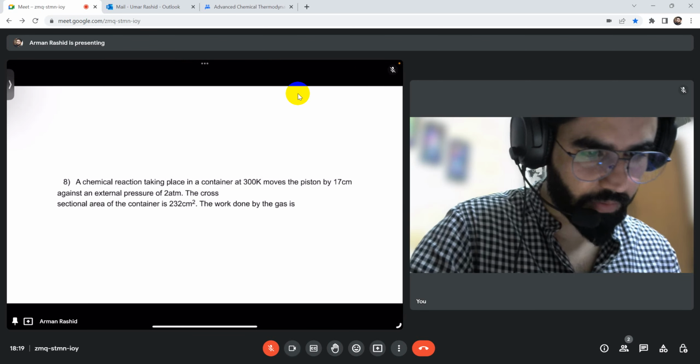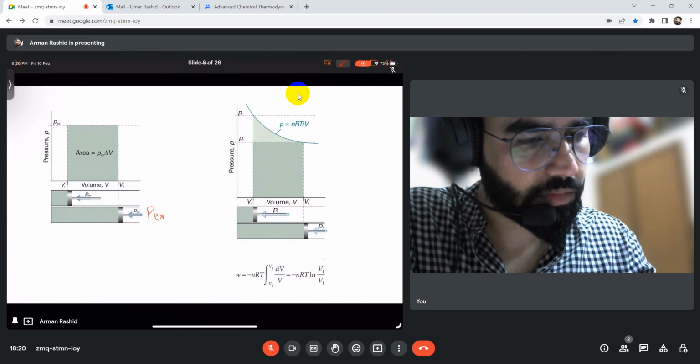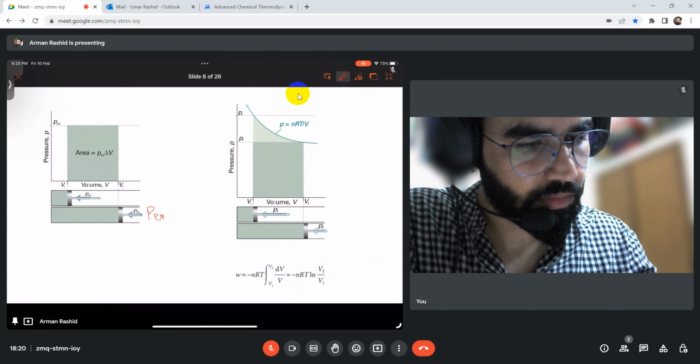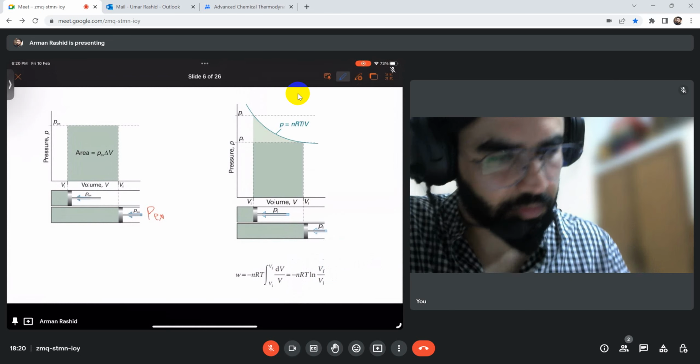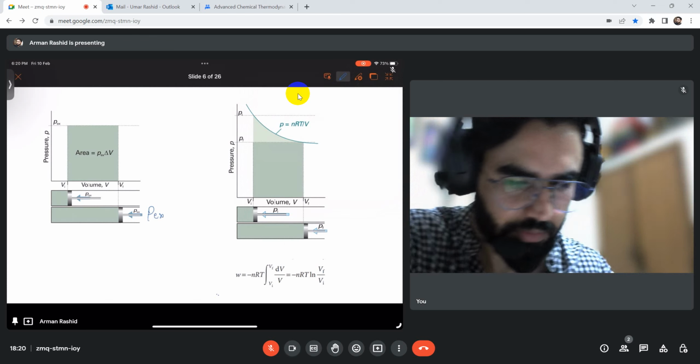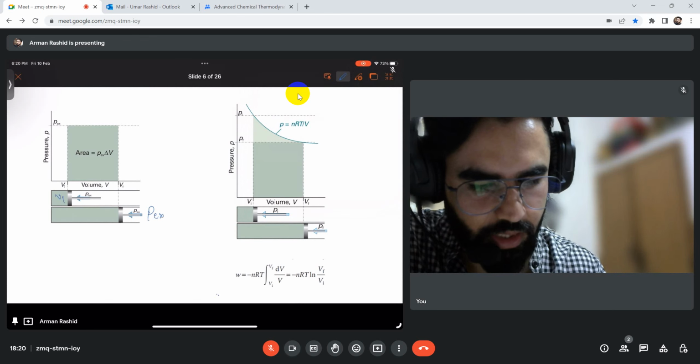If we have, for example, a piston here, and an external pressure that is P external as shown here, and this gas is expanding from V initial to V final.